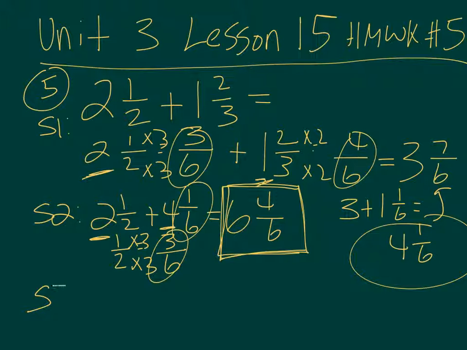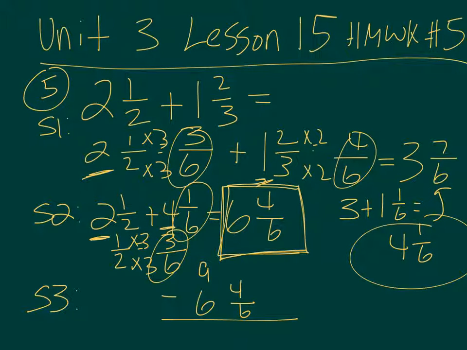Then, for our final step, we're going to have to use subtraction, because we are trying to figure out how long that third part of the drive was. Well, we know that the whole drive was 9. So we have to do 9 minus 6 4/6.